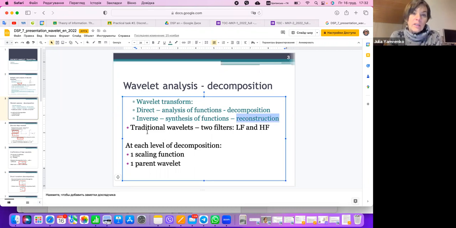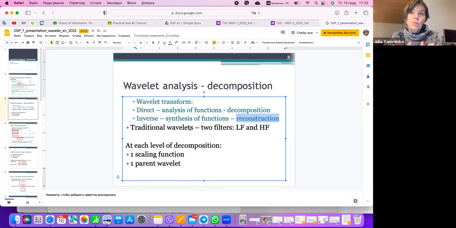And in traditional wavelet, during this decomposition stage, we use two filters, for the low frequency and high frequency components. So the original signal that we are going to analyze, we split into two components.